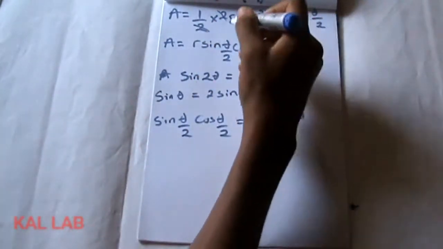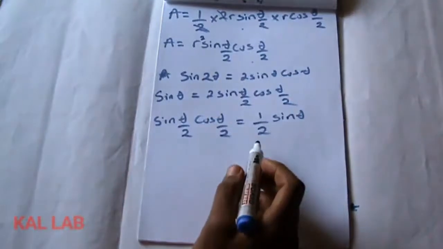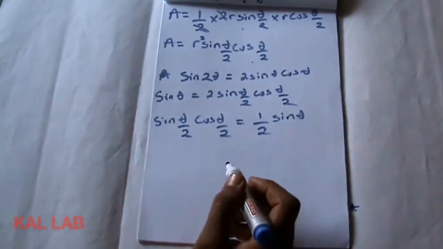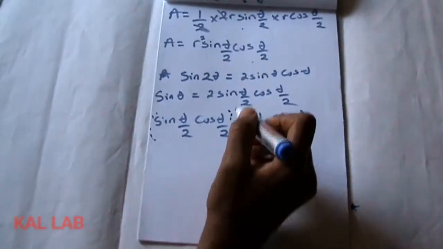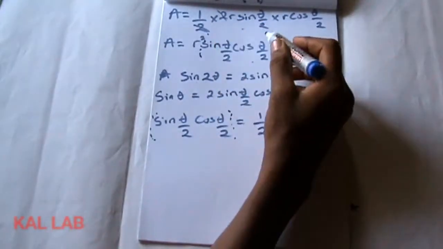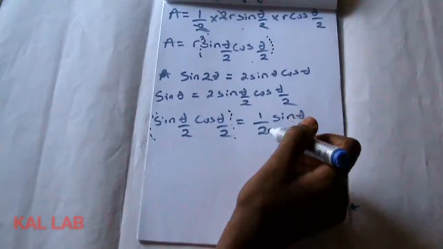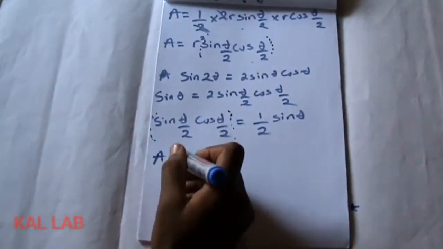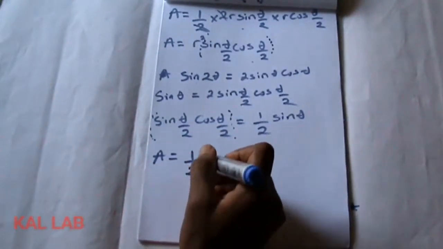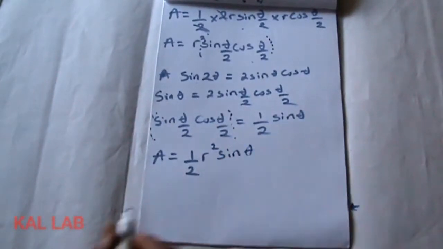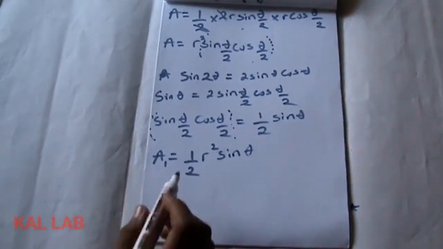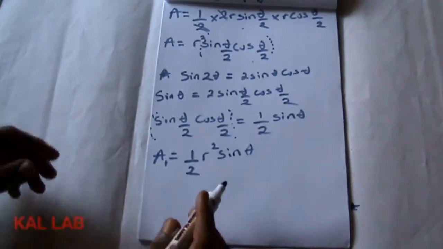So R times R is R squared. Substituting it, we find our A will be equal to 1 over 2 R squared sine theta. So our A1 is 1 over 2 R squared sine theta.